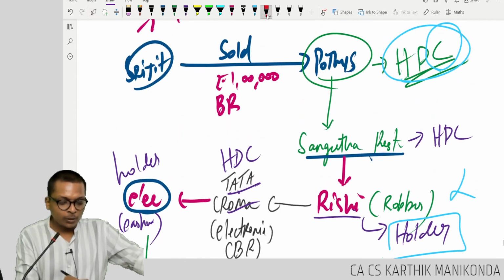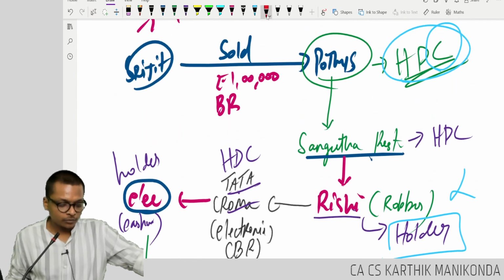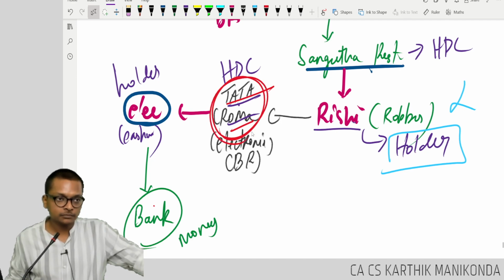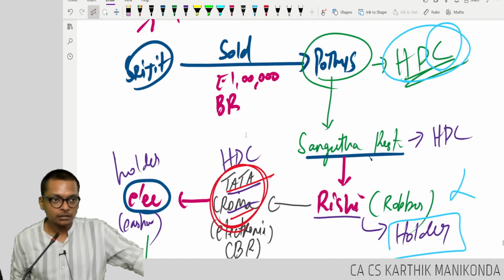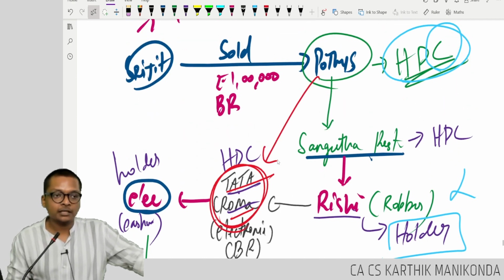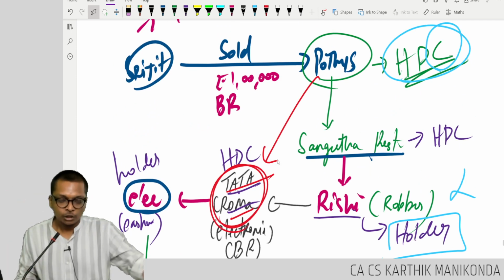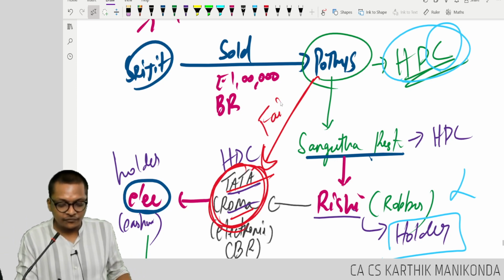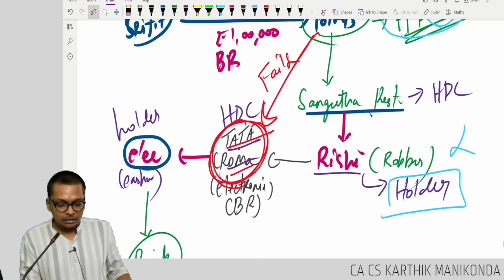Now, who has to pay the money? Ishwar gave it to the bank on behalf of Tata Chroma, so Chroma should get the money. So who should pay? Pothys only should pay. Correct. Pothys only endorsed it. So Pothys will pay to the bank on behalf of Tata. If Pothys fails to pay, Tata will ask whom?